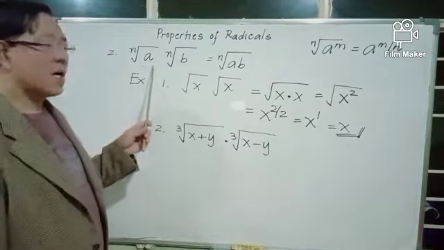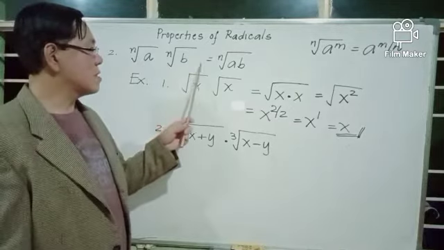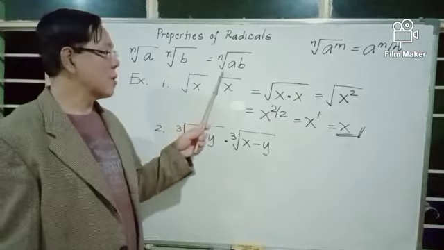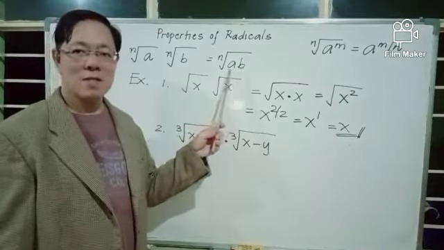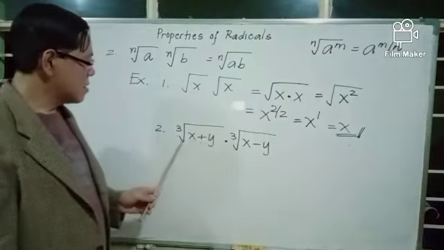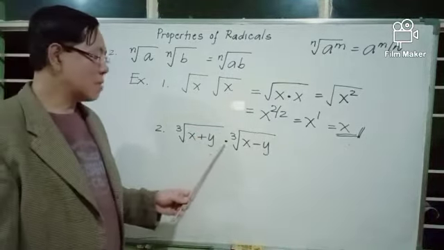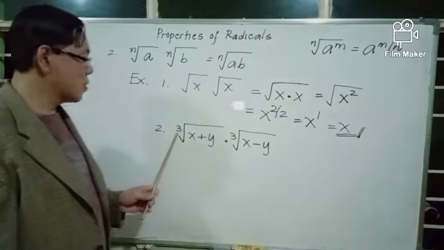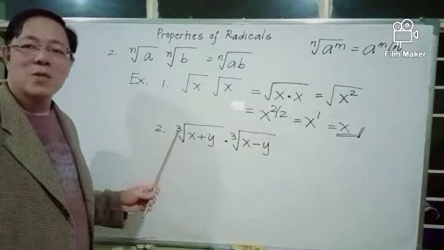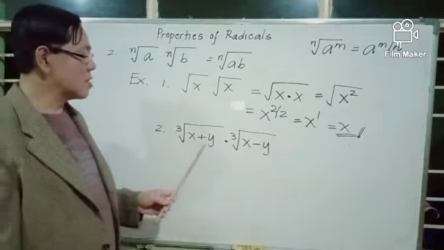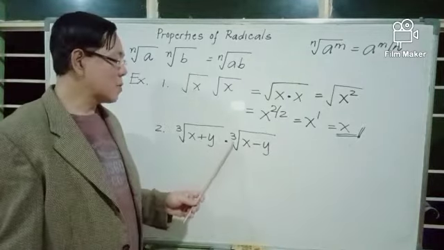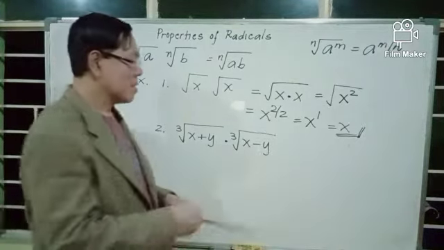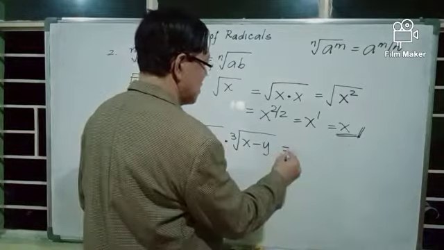The nth root of a times the nth root of b is equal to the nth root of the product of the radicands a and b. Thus, the cube root, 3 means cube root, the cube root of x plus y multiplied by the cube root of x minus y is equal to the cube root.